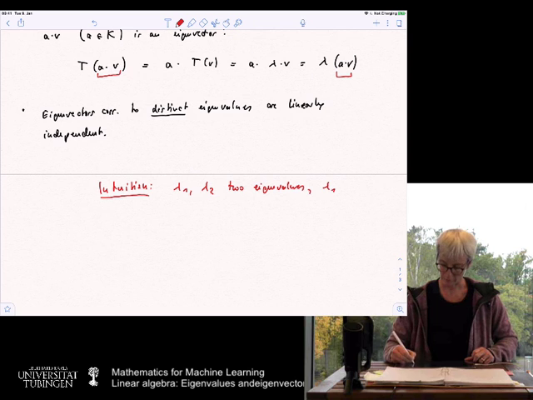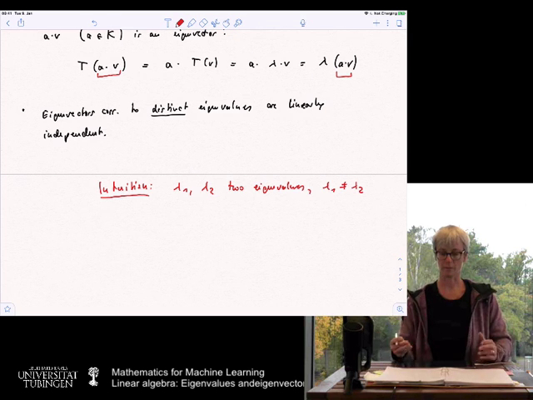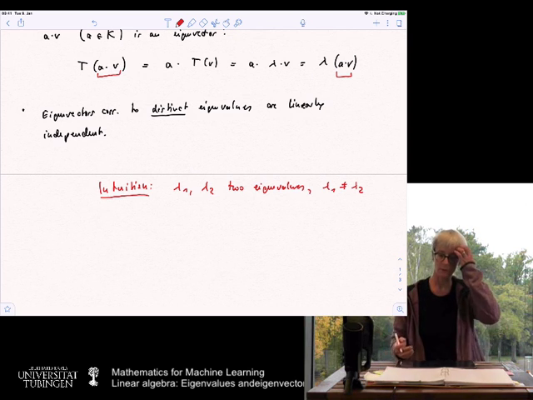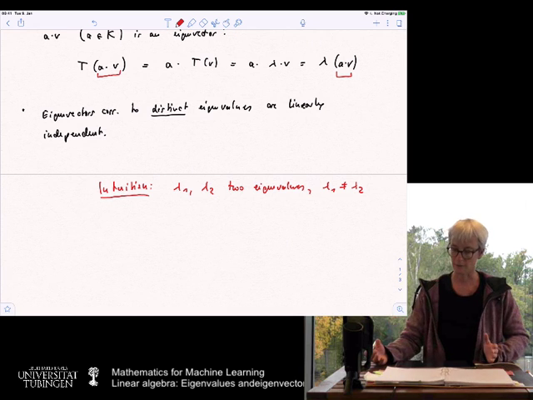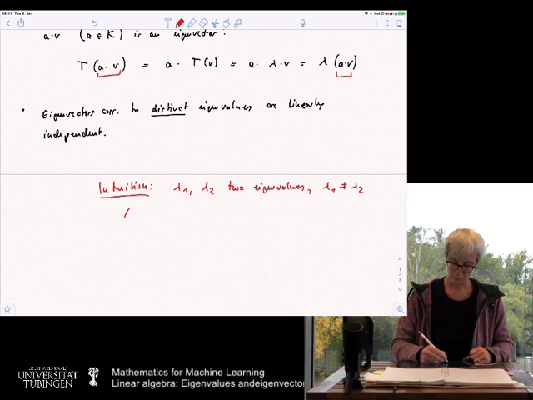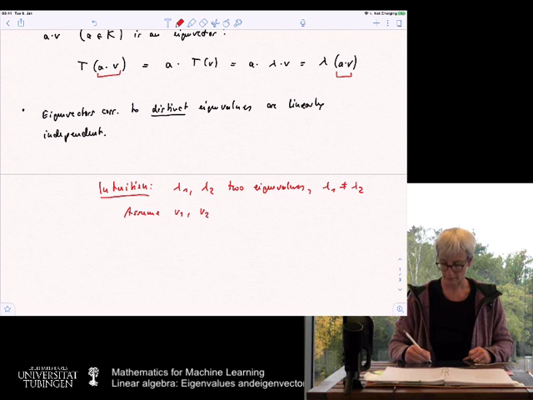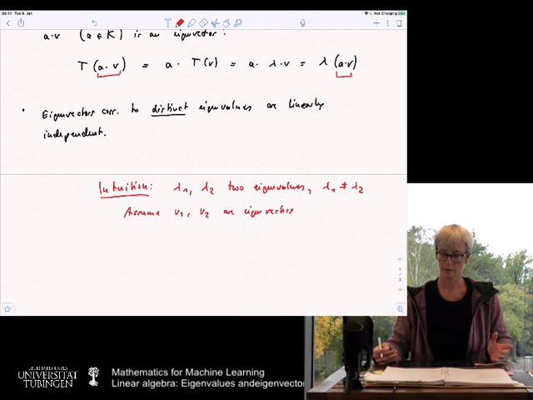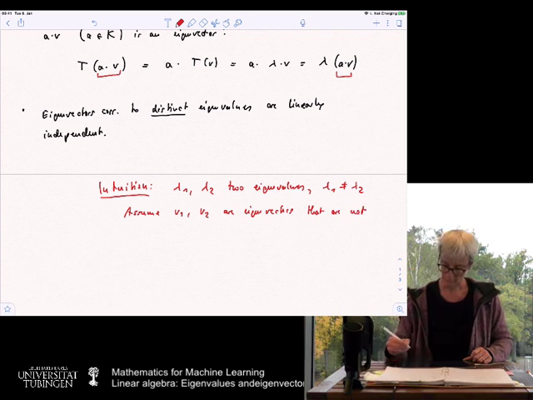And of course I want to assume that they are not the same, because I want to talk about distinct eigenvalues. Assume that v1, v2 are eigenvectors that correspond to these eigenvalues, and assume that they are not linearly independent.